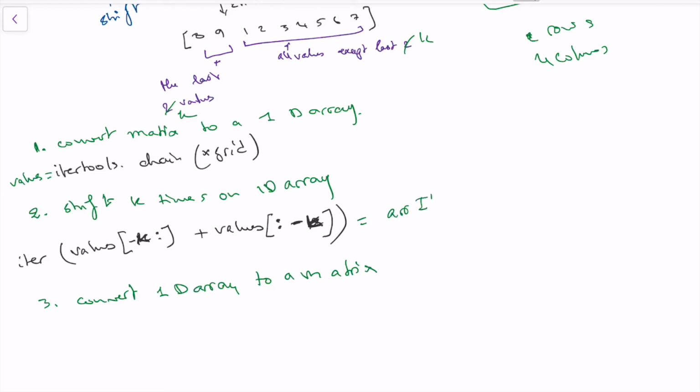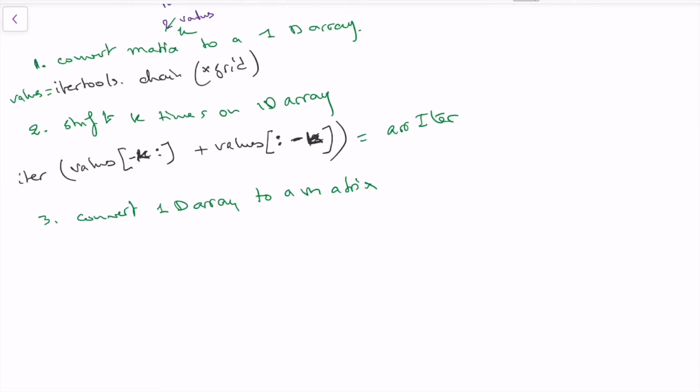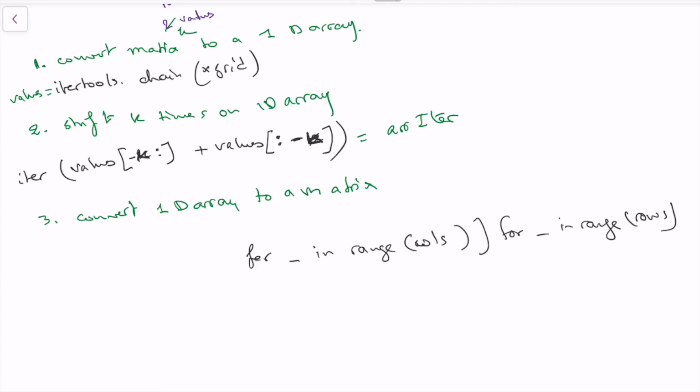And so to get the matrix, we know we want it for n rows and m columns, right? And so we could just write it out: we want something for each column, and we want the entire thing for each row in range of rows. And so we just keep getting the next, right?